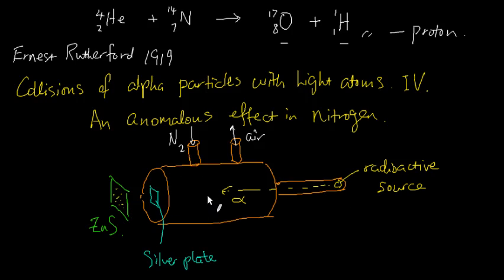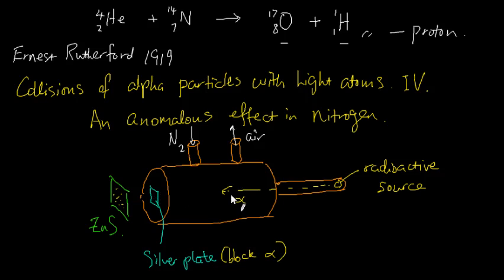We have nitrogen gas in here, alpha particles going through the nitrogen gas, and then, I should say what the purpose of the silver plate is. The purpose of the silver plate is to block the alpha particle, because alpha particles cannot travel through a thin metal plate.